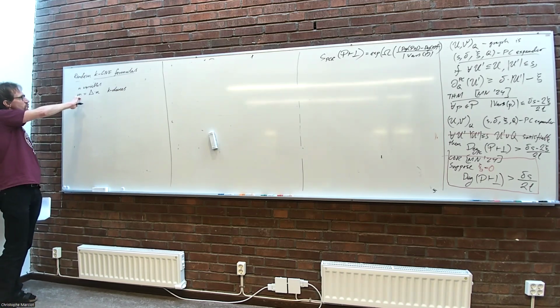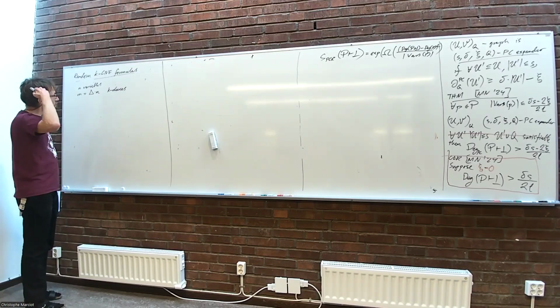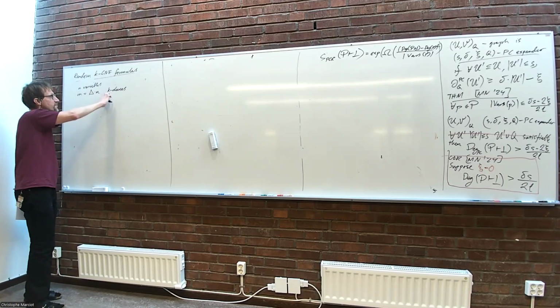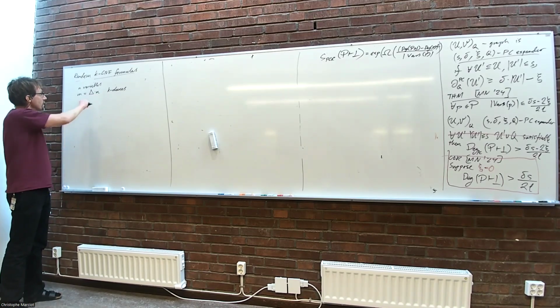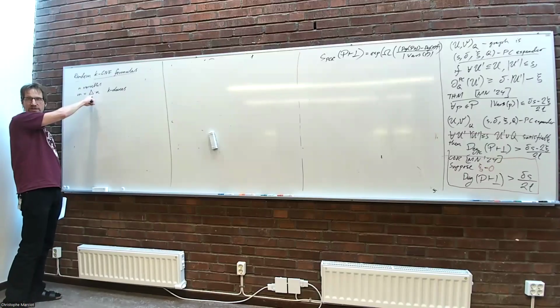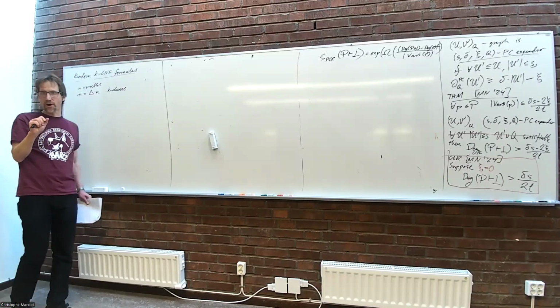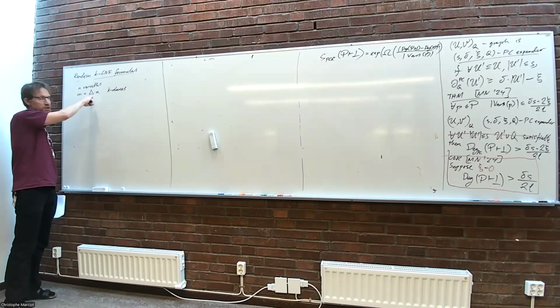Now, it's not so hard to prove that if I have enough clauses, there's a sharp threshold phenomenon. Actually, for 2-CNF formulas, we know exactly that density 1 is critical.